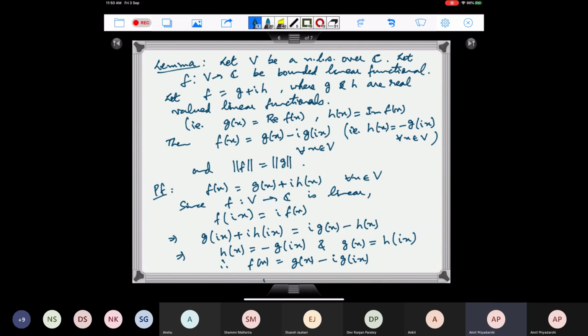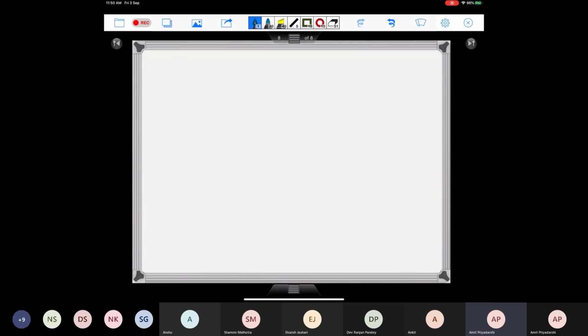So f can be written as g plus ih. So norm of f is the same as norm of g, and f can be written in terms of the real part as g x minus iota g iota x. So now we'll write the Hahn-Banach extension theorem for complex normed linear space.